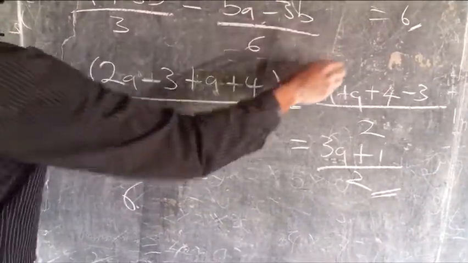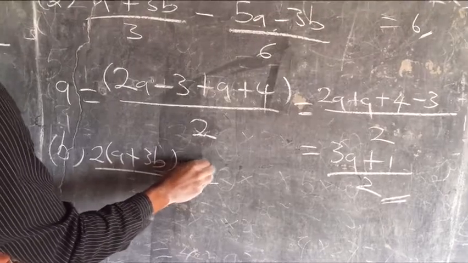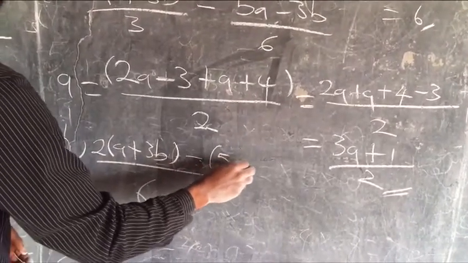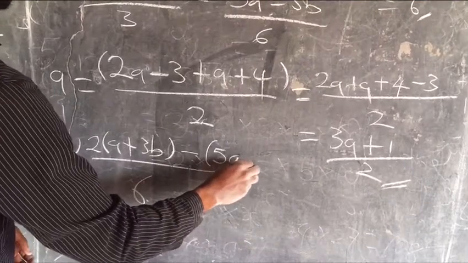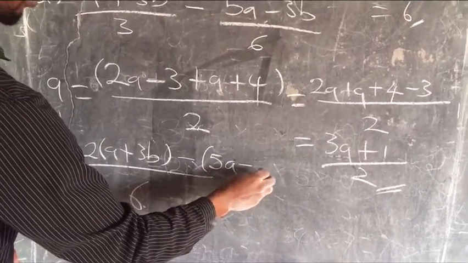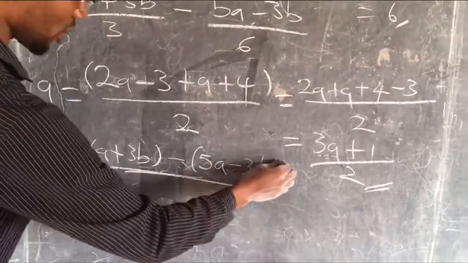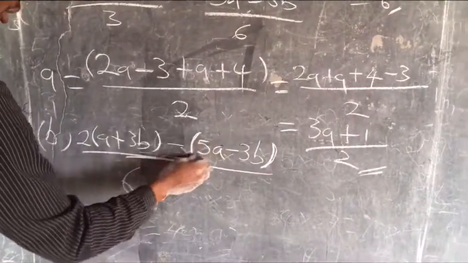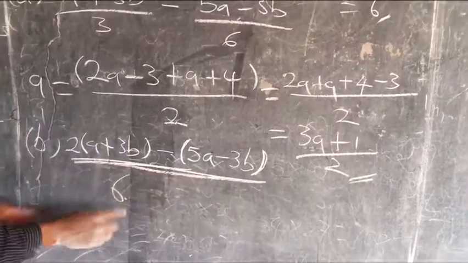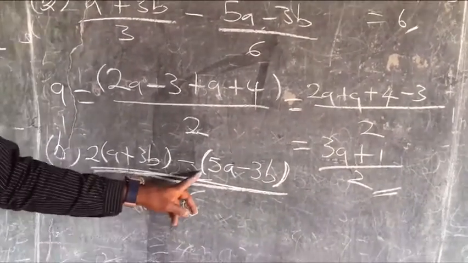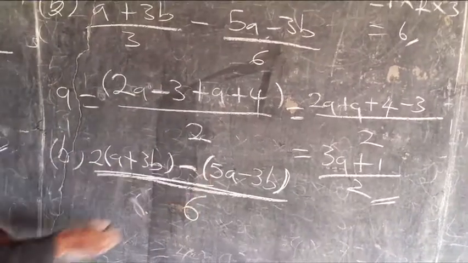1 multiplied by everything right here. We'll get minus bracket 5a minus 3b, then we'll close this bracket. So as I turn it to one fraction over 6, notice that I close this bracket after this minus.